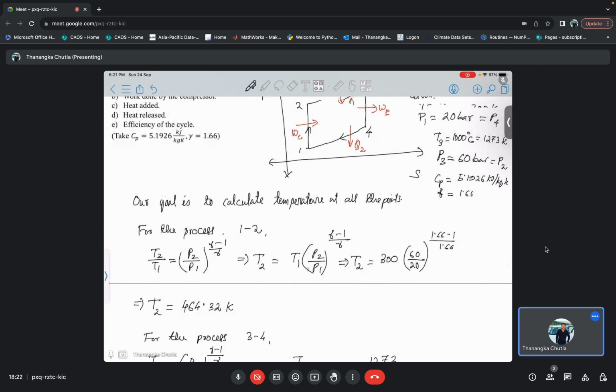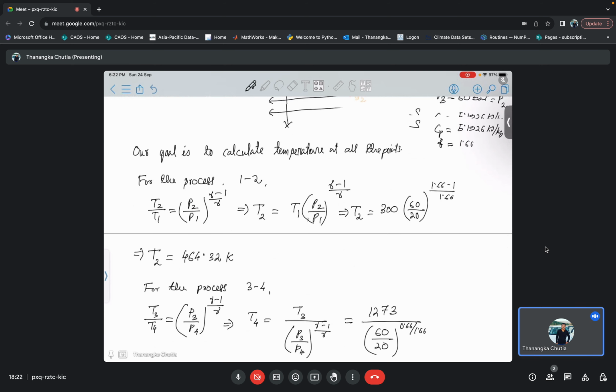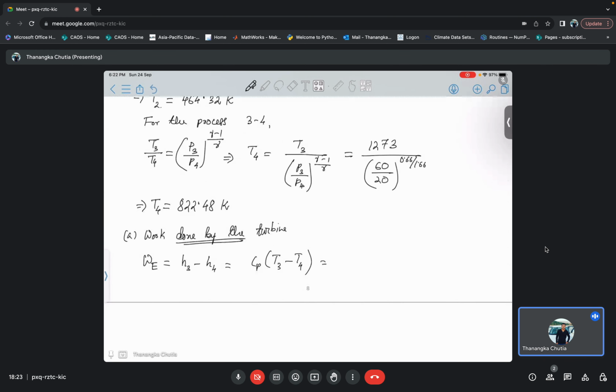Now work done by the turbine. Okay, so that means WE. So turbine process is 3 to 4. So WE is nothing but H3 minus H4. So this will be CP T3 minus T4. So what is your CP? 5.1926.